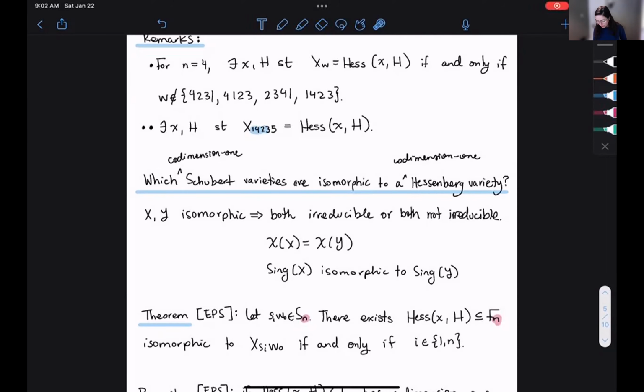Let's suppose we have a permutation of this form, so that this is a codimension 1 Schubert variety. Then there exists a Hessenberg variety in the same flag variety isomorphic to this codimension 1 Schubert variety if and only if i is 1 or n. So those are the only cases in which your Schubert variety can be isomorphic to a codimension 1 Hessenberg variety.